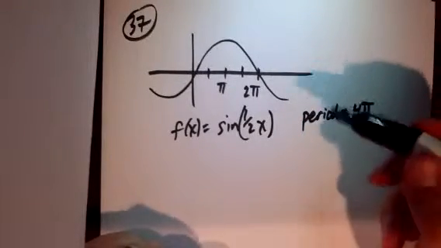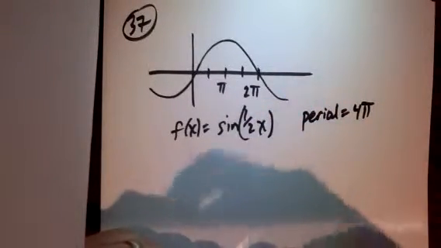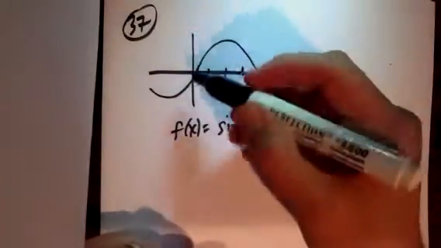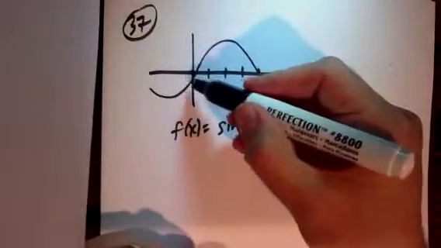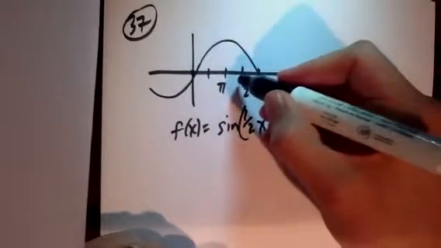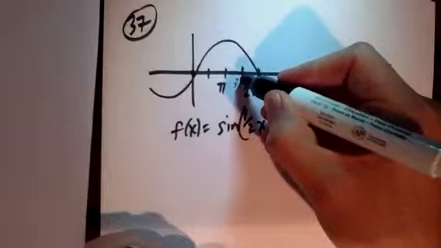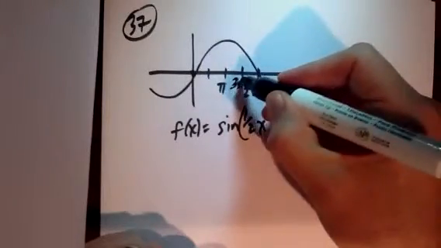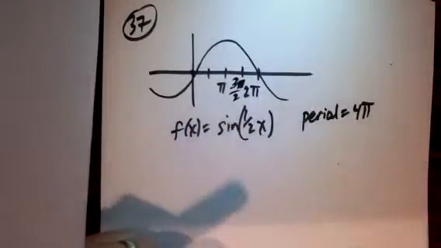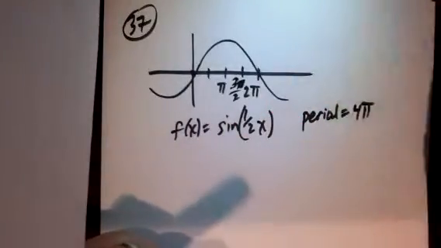Now, we're zoomed in on this particular portion, the portion we want to look at from 0 to this part here, which is 3 pi over 2, halfway between pi and 2 pi.